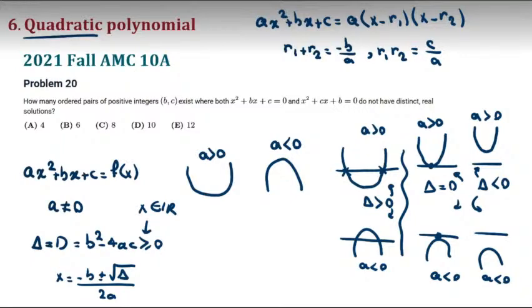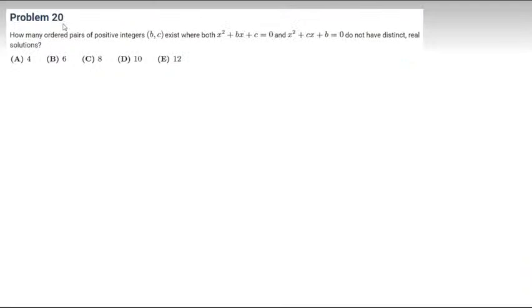Let's solve a problem. There are lots of problems that you can solve with quadratic polynomials, also hard problems of AMC, AIME, and other examples. Let's solve problem number 20.